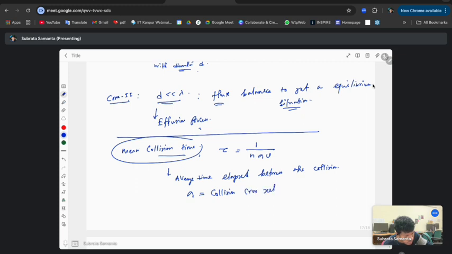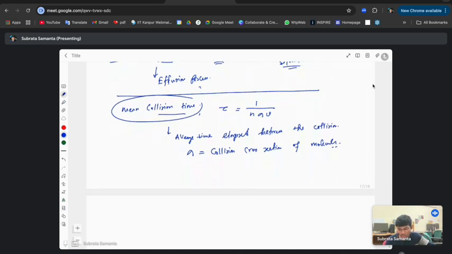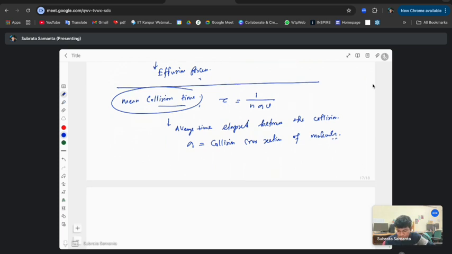If you know the collision cross section sigma, the number density n, and the velocity v, you can calculate the mean collision time. How do we calculate the collision cross section? It is something like pi d squared, where d is the diameter of the molecule.